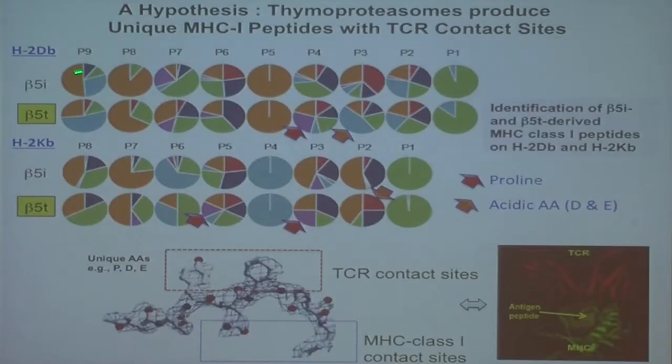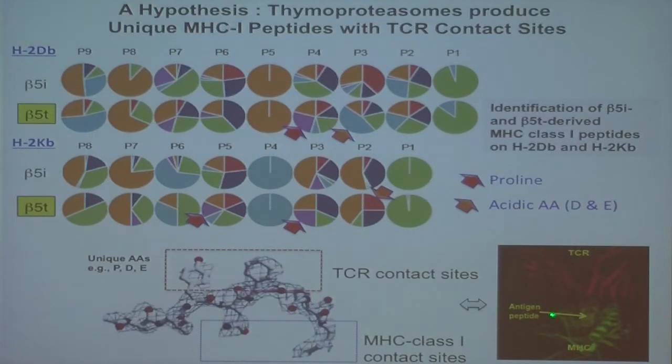This is just a cartoon of the positions hydrolyzed by the immunoproteasome and the thymoproteasome. But we curiously found that the thymoproteasome produced, in the intermediate region, high frequencies of proline residues and also acidic residues.